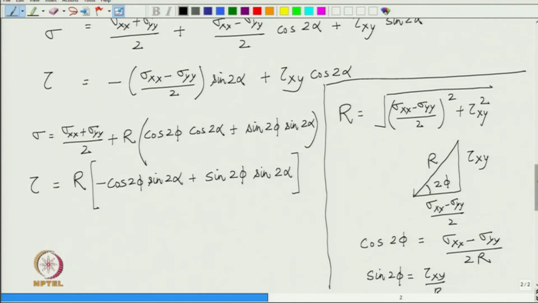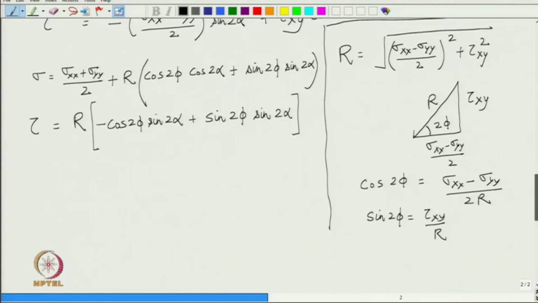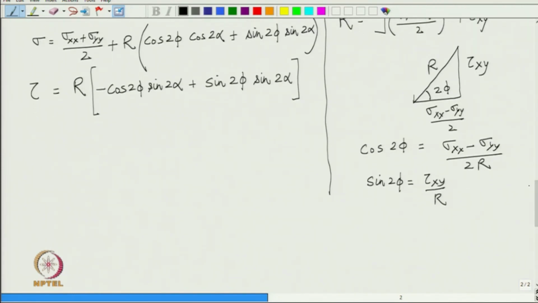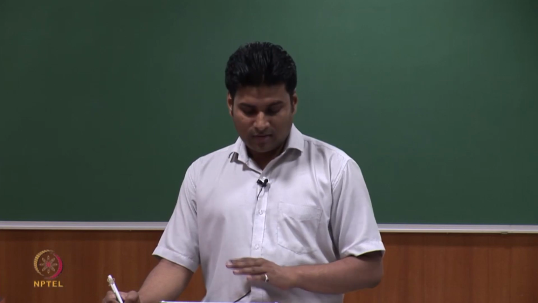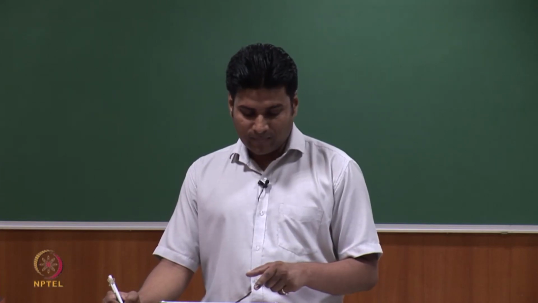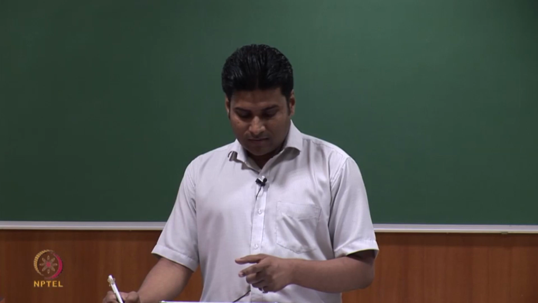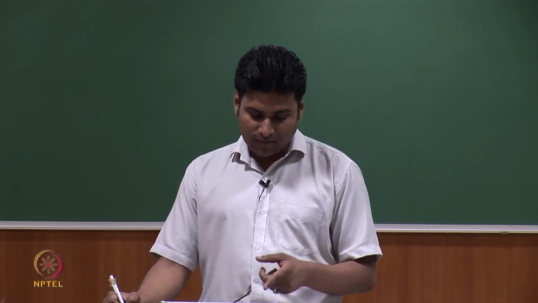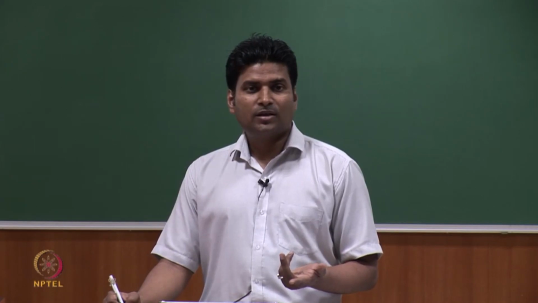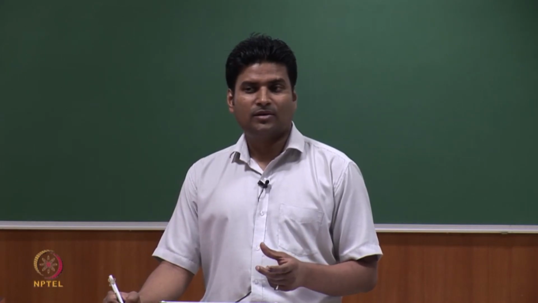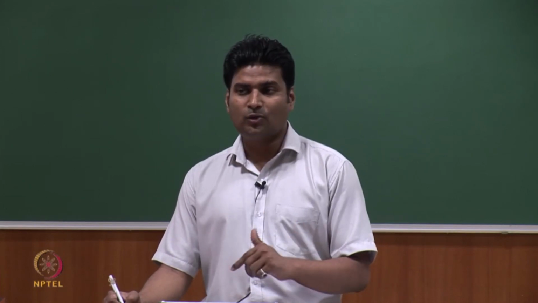Now, you have to again use slight trigonometry. So, in the expression for sigma, you have cos A cos B plus sin A sin B. What is that? That is cos of A minus B. In the second expression, you have sin A cos B minus sin B cos A, which is sin of A minus B, is not it, where A is equal to 2 phi and B is equal to 2 alpha.